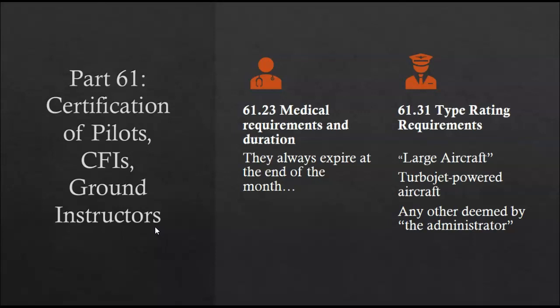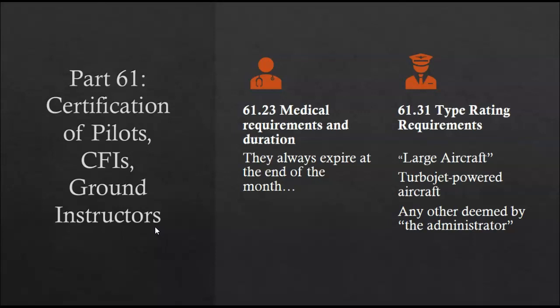And if you're interested in knowing what is required to be certified for one of those certificates, Part 61 is the place to go. Part 61 also lists requirements for medical certificates and also the duration of each of the medical certificates, Class 1, Class 2, Class 3. Remember, medical certificates always expire at the end of the month in which they were issued.